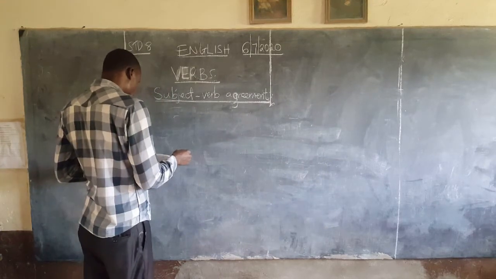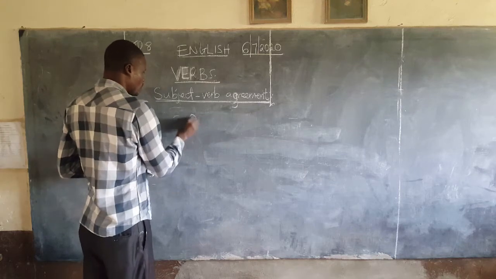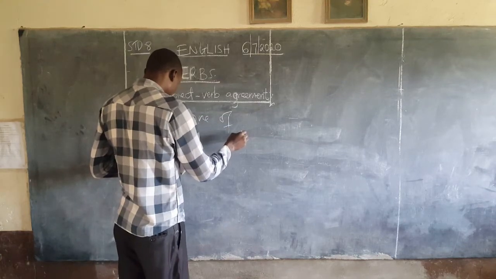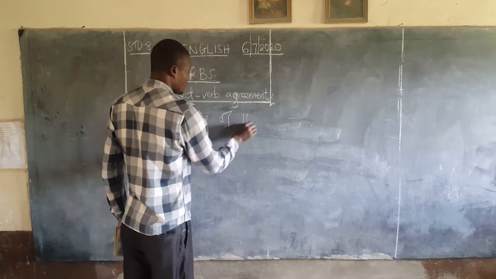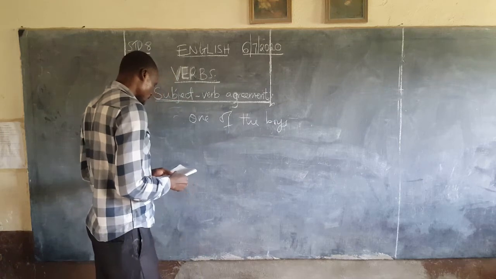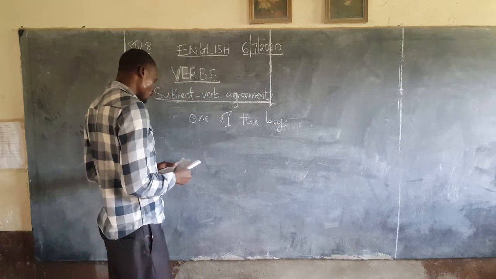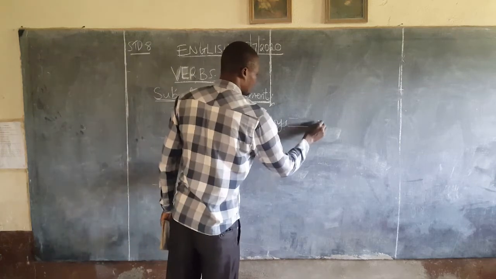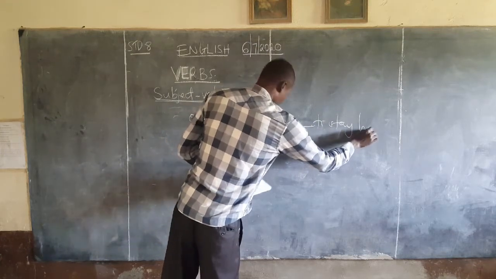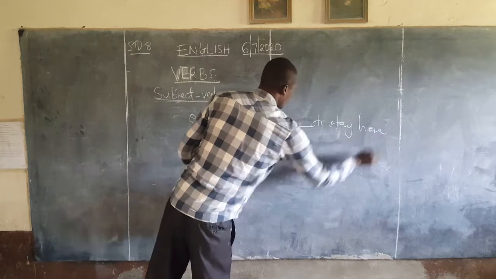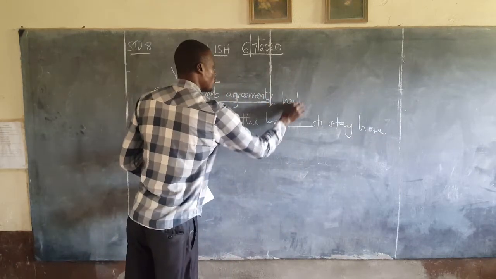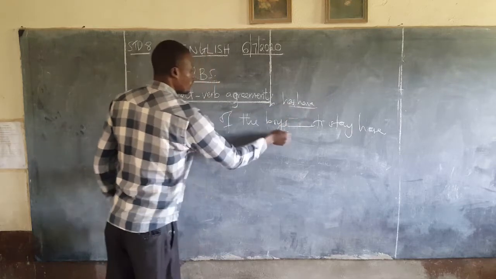When we use one of the boys has to stay here. So what do we say? One of the boys, we say has to stay or have, because of boys.